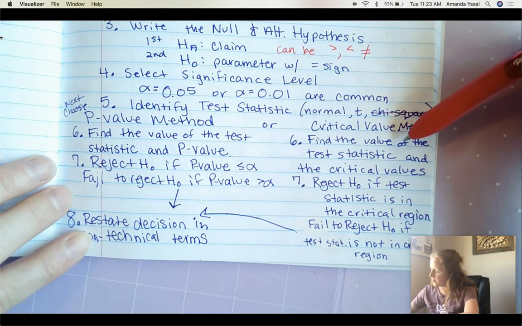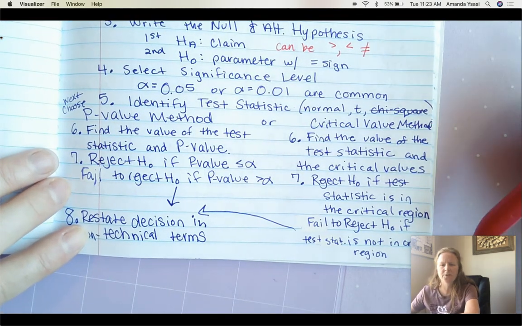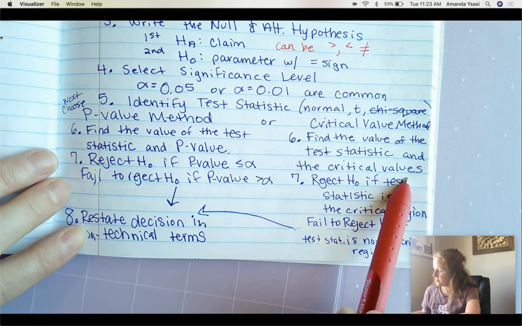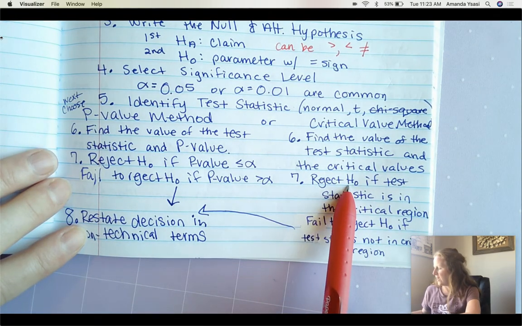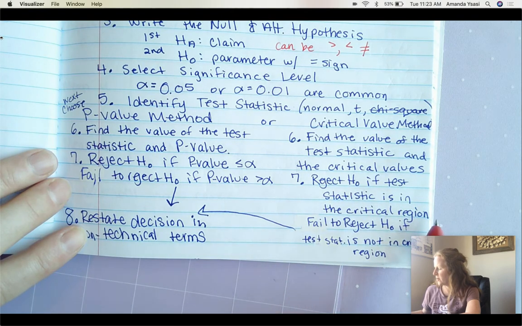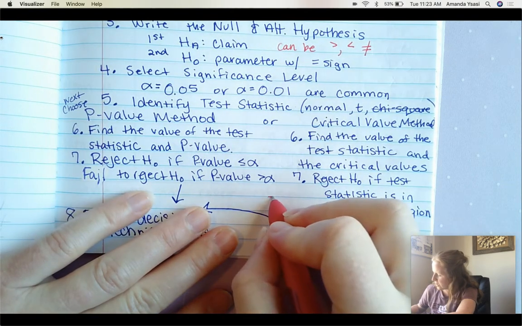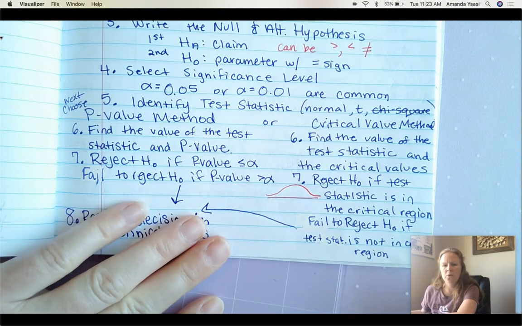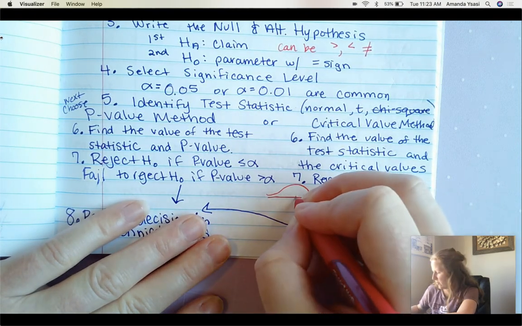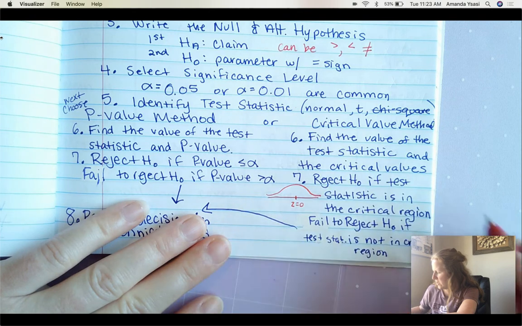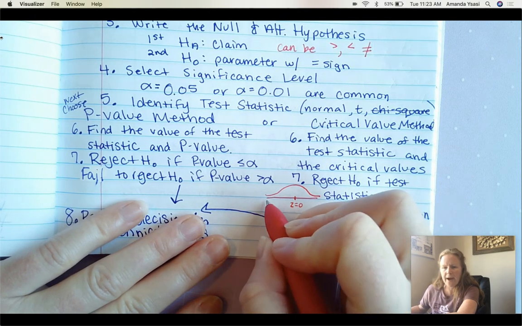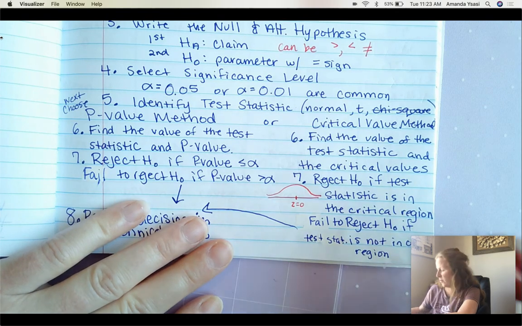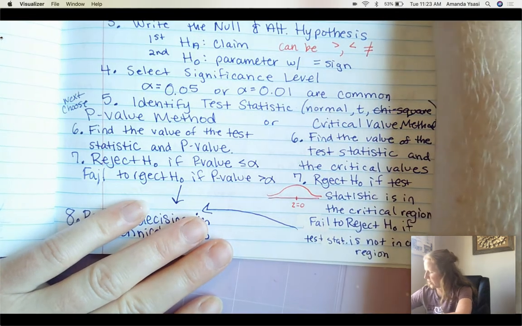When we're doing the critical value method, I'm going to explain these more in detail in a little bit. Find the value of the test statistic and the critical values. Reject H0 if the test statistic is in the critical region. So here we are going to actually draw your normal curve, and then we know that this is z equals 0, and then we'll go up or back depending on where it's at, and we're going to see if it's in the critical region, and I'll show you that too.